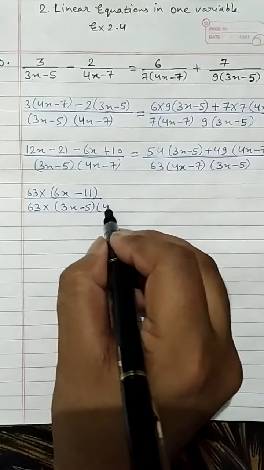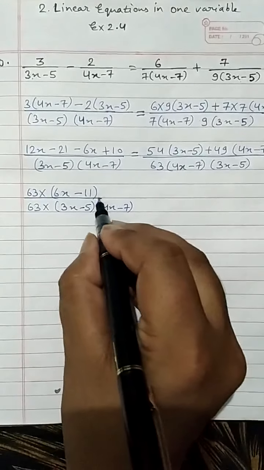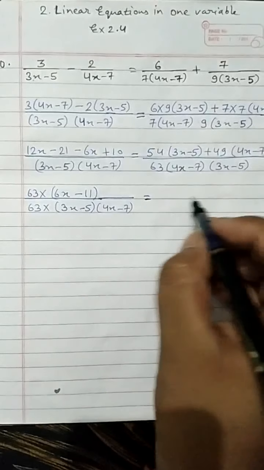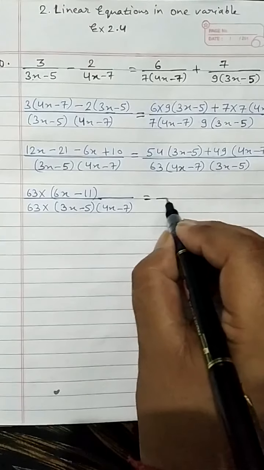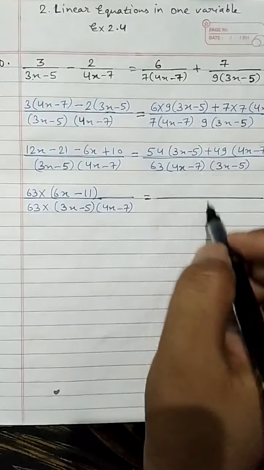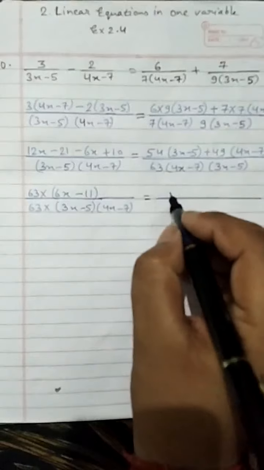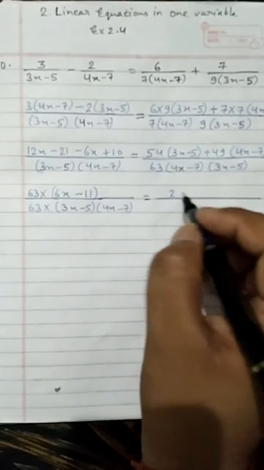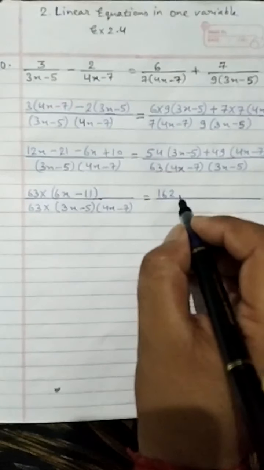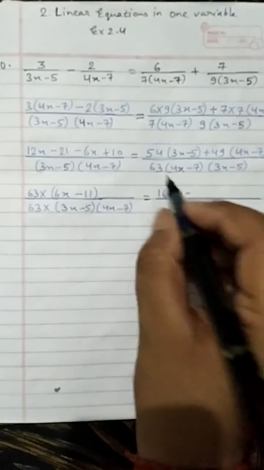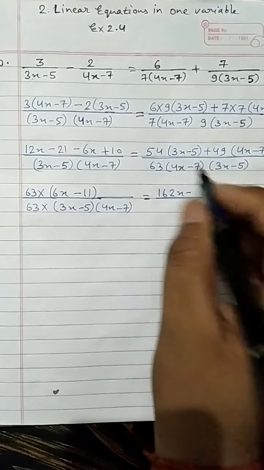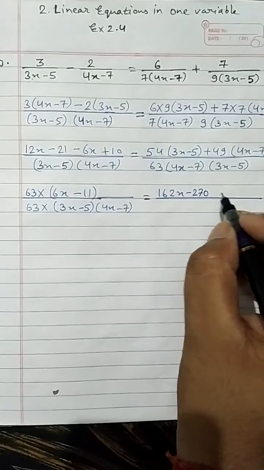3x minus 5, 4x minus 7. Now we'll open the bracket here. 3 fours are 12, 3 fives are 15, 12 plus 15 is 27... x will be here, 5 fours are 20, 5 fives are 25.